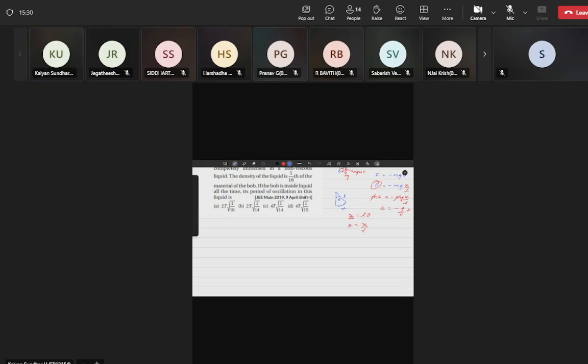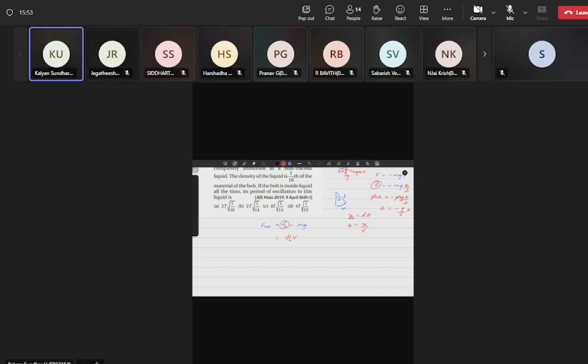For it to oscillate, your F net will be equal to your buoyancy minus your mg, correct? What is the buoyancy formula? Density of the liquid into volume of the body which has been immersed.